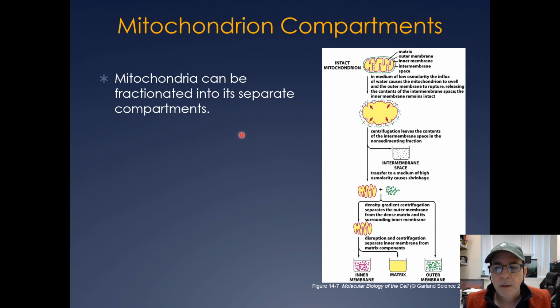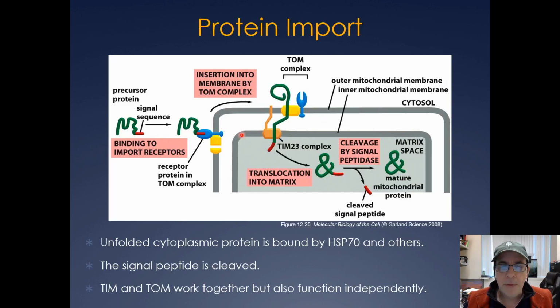So, based on all of that and the experiments where they have an in vitro transcribed and translated mitochondrial protein with a signal sequence, and they can add it in. It actually binds to a receptor on the TOM complex, and then it gets translocated through TOM and TIM sort of simultaneously.